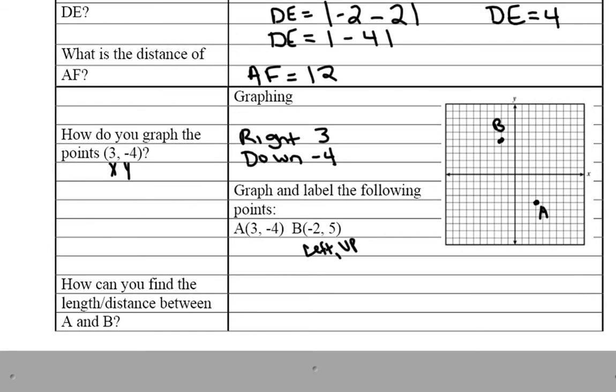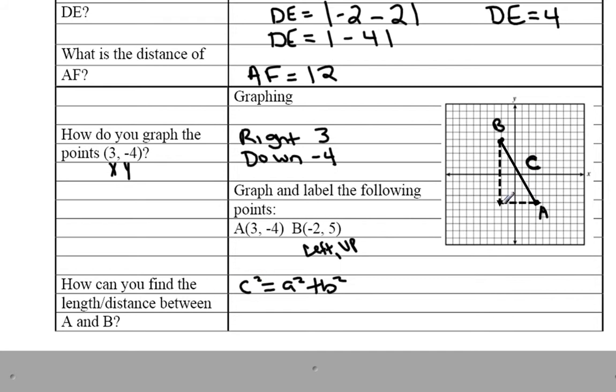Okay, now I'm going to show you 2 ways where we can find the distance between A and B. The first way is using the Pythagorean theorem. So we would create the line segment AB, and then turn it into a right triangle, and count the length of each side and use the formula for the Pythagorean theorem: c squared equals a squared plus b squared, where this would be our c, what we're looking for.